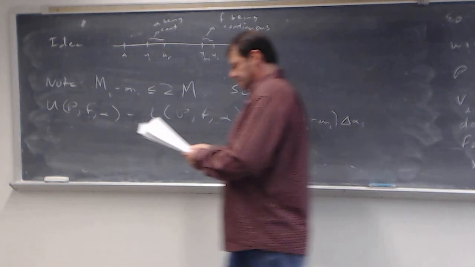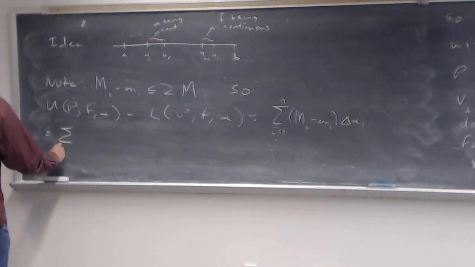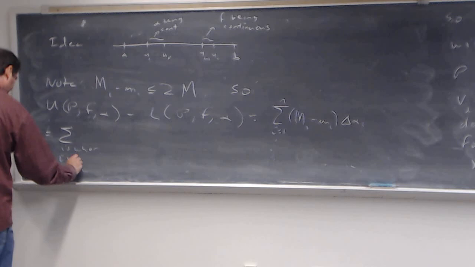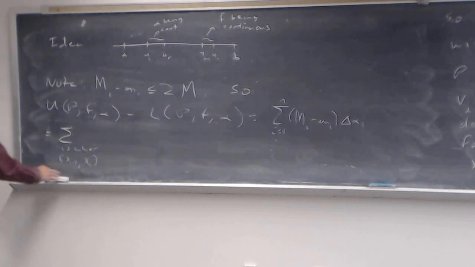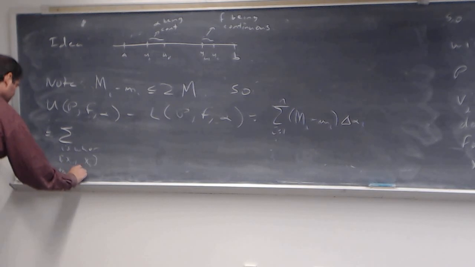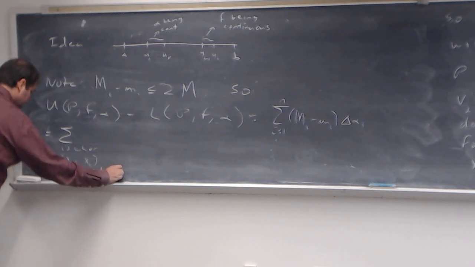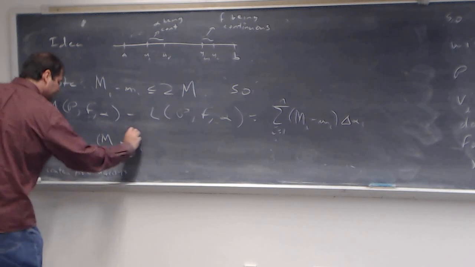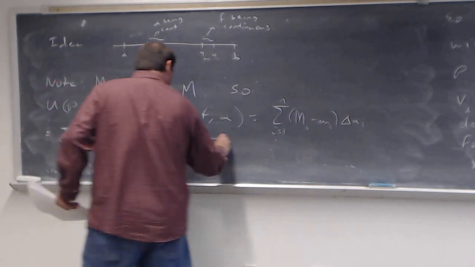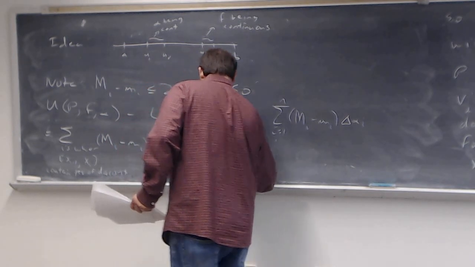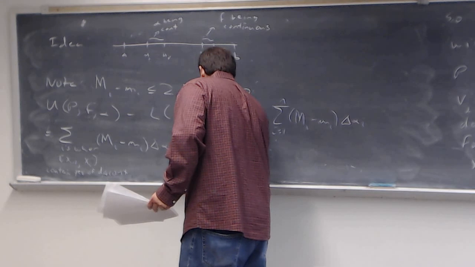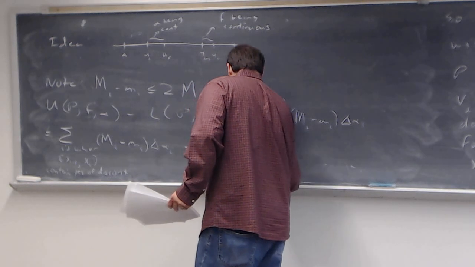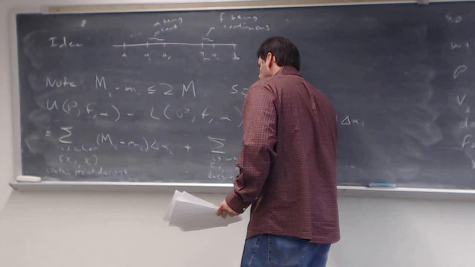Now we're going to break this sum into 2 parts. We do this as a sum over the i's where x sub i minus 1 up to x sub i contains points of discontinuity for f, and that's still the same quantity, big M sub i minus the little m sub i, delta alpha sub i, plus the sum over the i's where the x sub i minus 1 up to x sub i of our partition does not contain points of discontinuity.